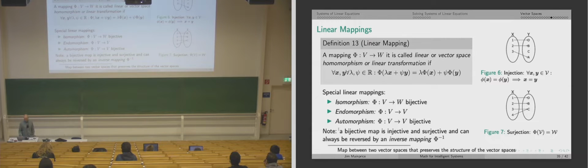So anyway, bijective simply means that every single element on the domain has one element in the codomain, and so you can go back and forth from the domain to the codomain. You can invert the mapping. So a bijective map is injective and surjective and can always be reversed, and that's the inverse mapping.